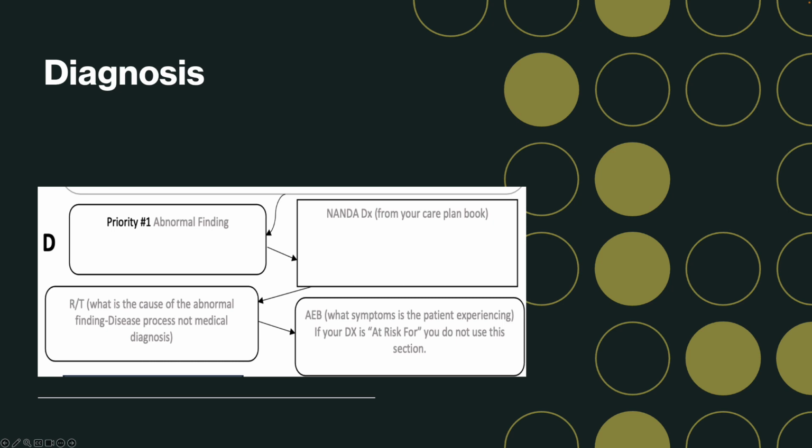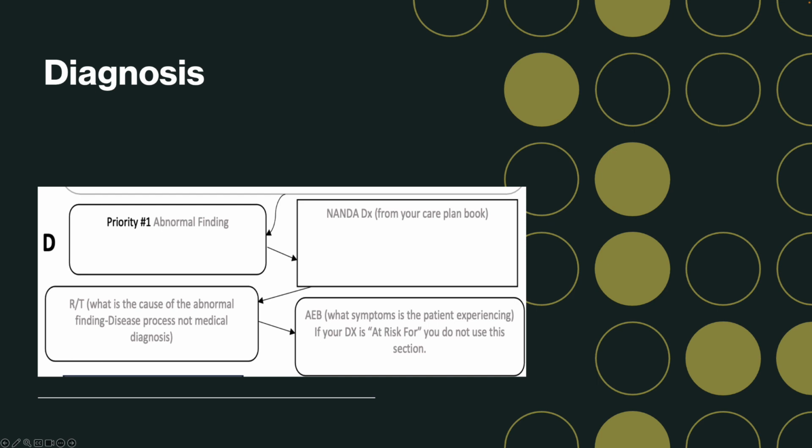Then we come to the diagnosis portion. And here's where you're going to choose your priority based on your ABCs and from your assessment. So choose that priority and place it here in the box, D. From there, notice the directions of the arrows.